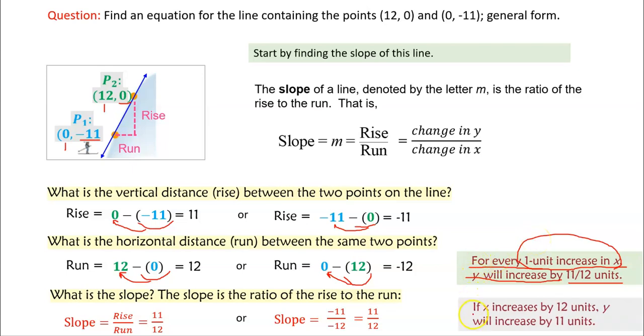Alternatively, we can say that if x increases by the amount in the denominator, the run, y will increase by the amount in the numerator, the rise, by 11 units. So if x increases by 12 units, y will increase by 11 units. Both are the same.